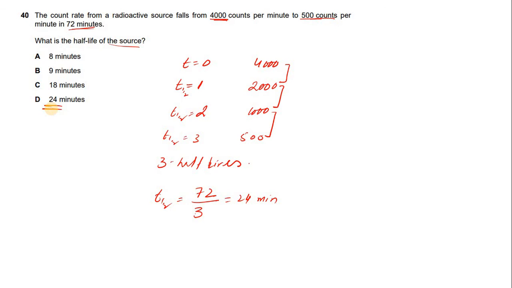So that's how you can find the half-life. Another method, which is slightly more difficult: after n half-lives, the count rate or the number of nuclei becomes 1 upon 2 to the power n of the original activity.